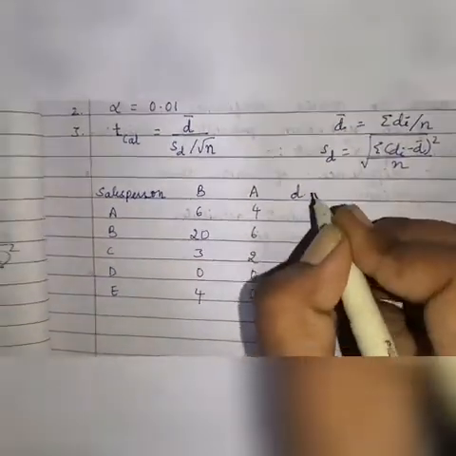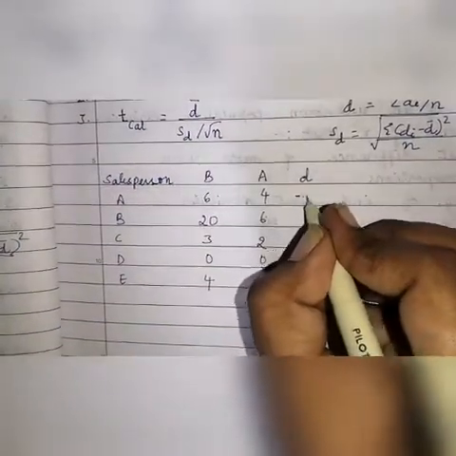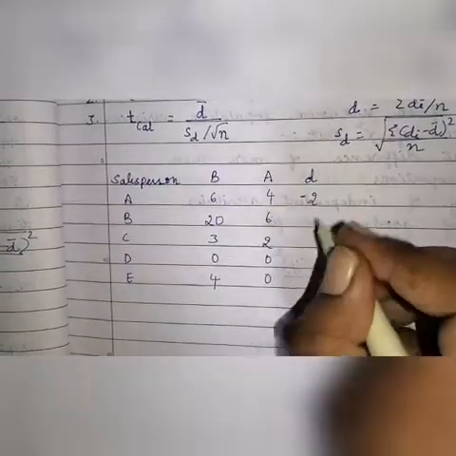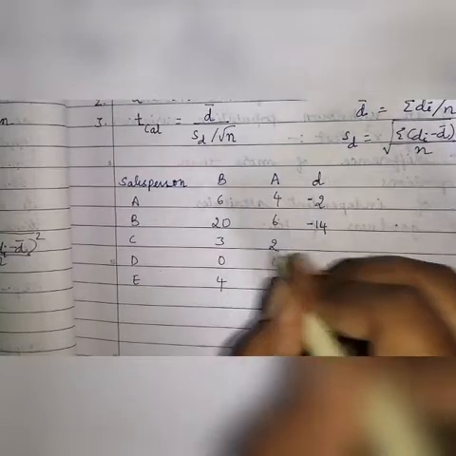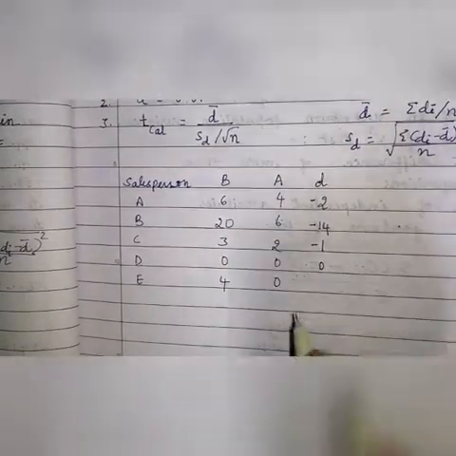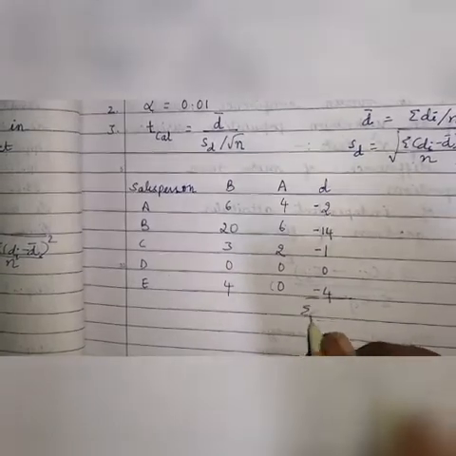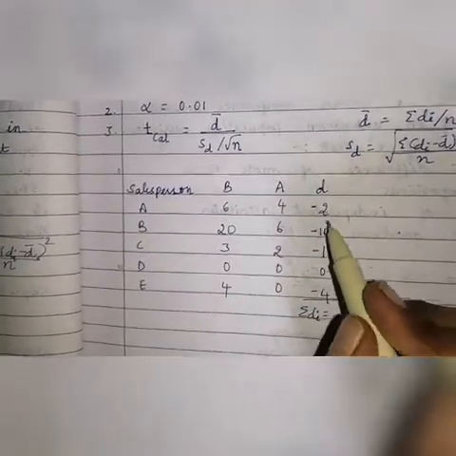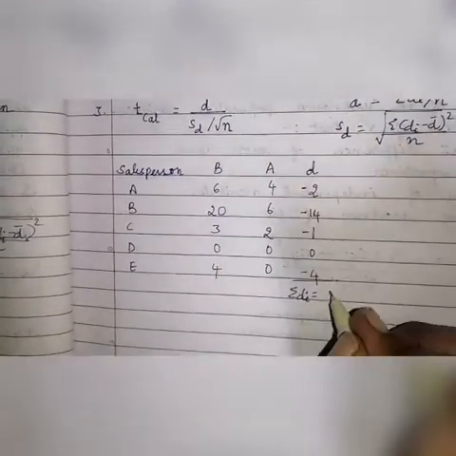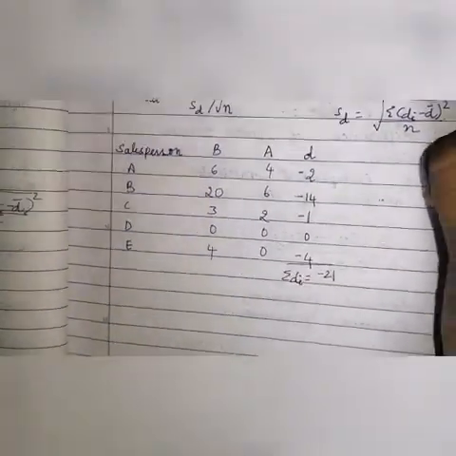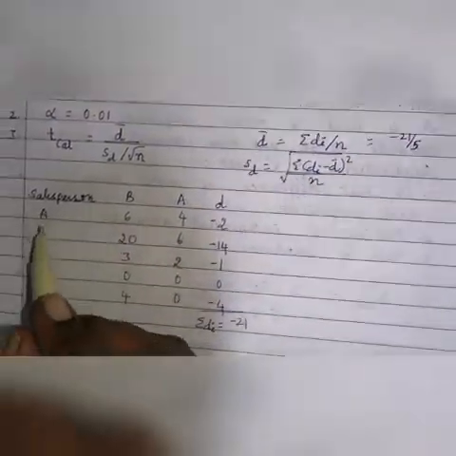Now the d value is nothing but the difference in complaints. 4 minus 6 is minus 2, 6 minus 20 is minus 14, 3 minus 2 is minus 1, 0 minus 0 is 0, 0 minus 4 is minus 4. Now summation di is minus 2 minus 14 minus 1 minus 4, which is minus 21. So this is equal to minus 21 by the sample size n. What is the sample size? You only have 5 salespeople here.